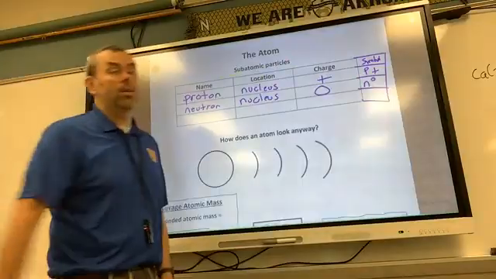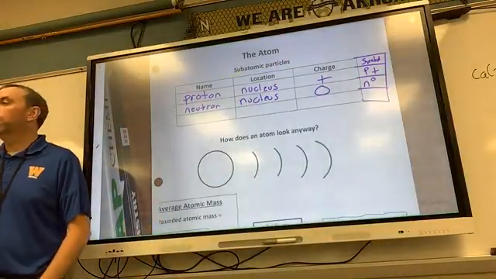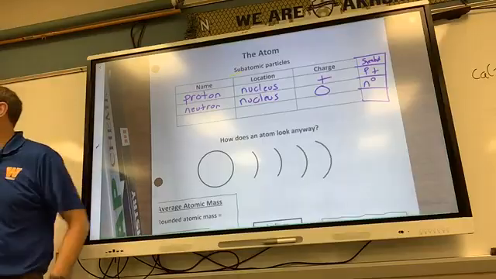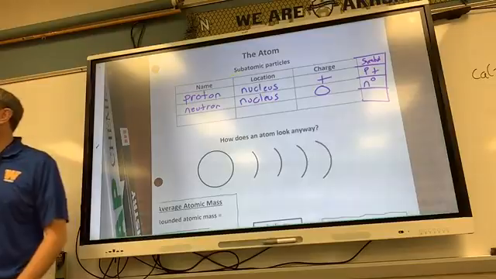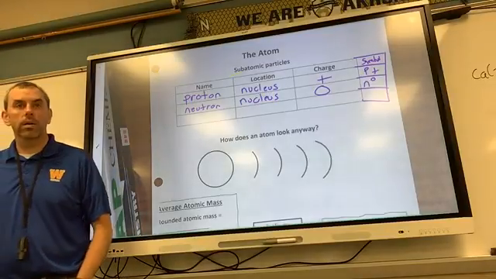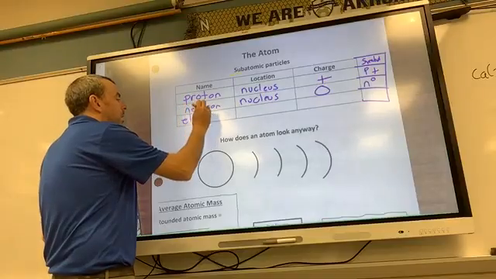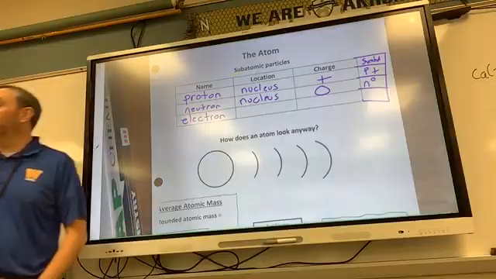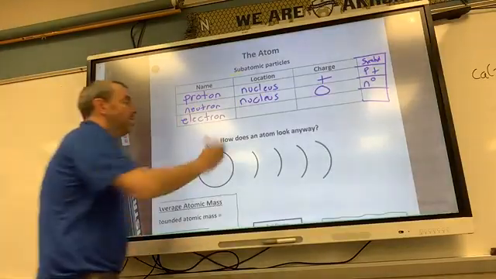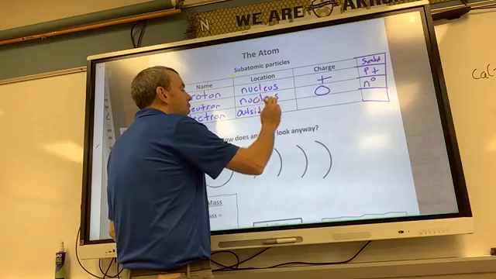Little lowercase n, kind of like a superscript zero. I asked you to add a little column for a symbol. There's one more. You guys are forgetting one more. Electron. Where would I find an electron? Let's put outside, slash orbitals.